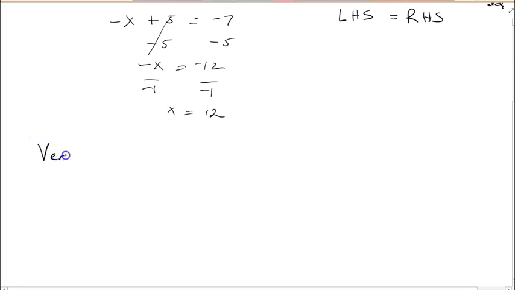Now we're going to look at verifying. When you are told to verify, we don't call it an equation because we cannot assume it's equal. So we call it an identity. We are determining if indeed the left-hand side equals the right-hand side.